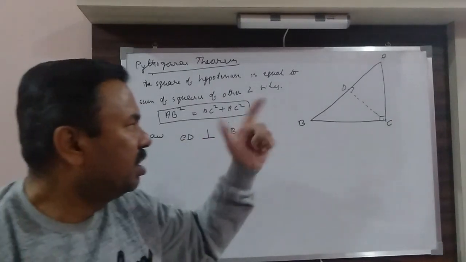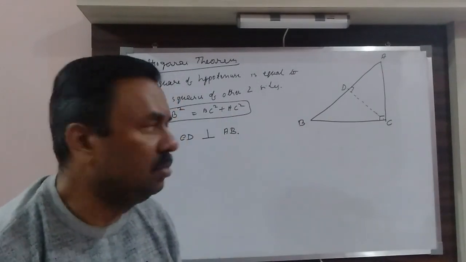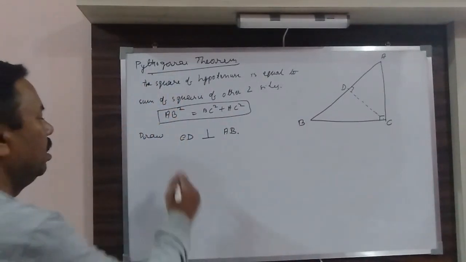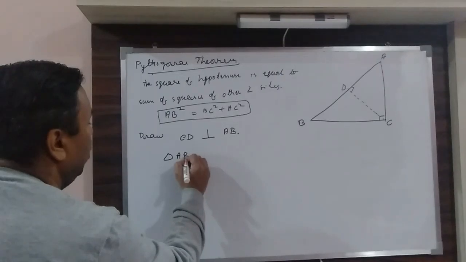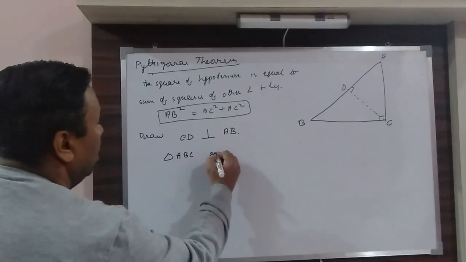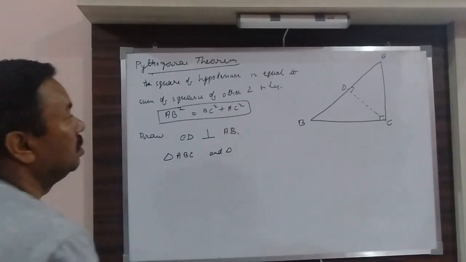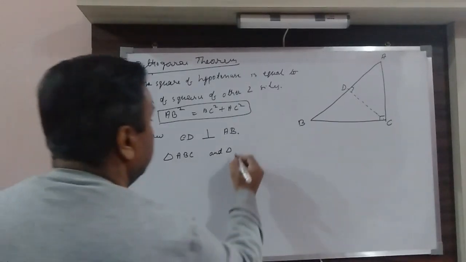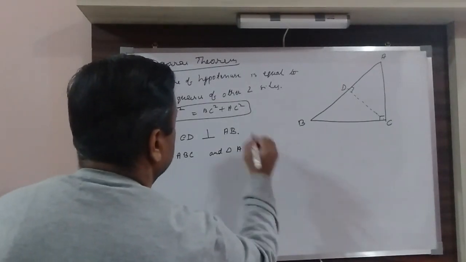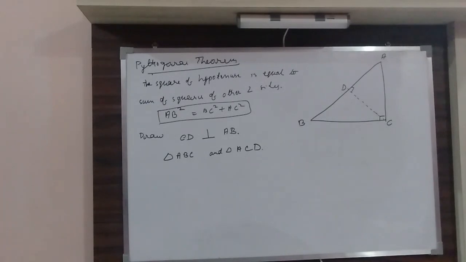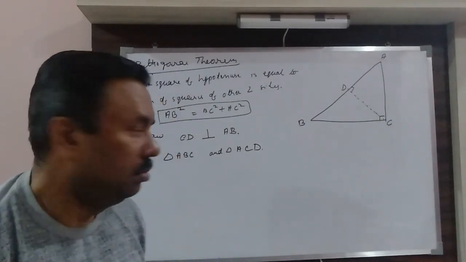Now, what do I see? If I take triangle ABC and triangle ACD, what do we see here?